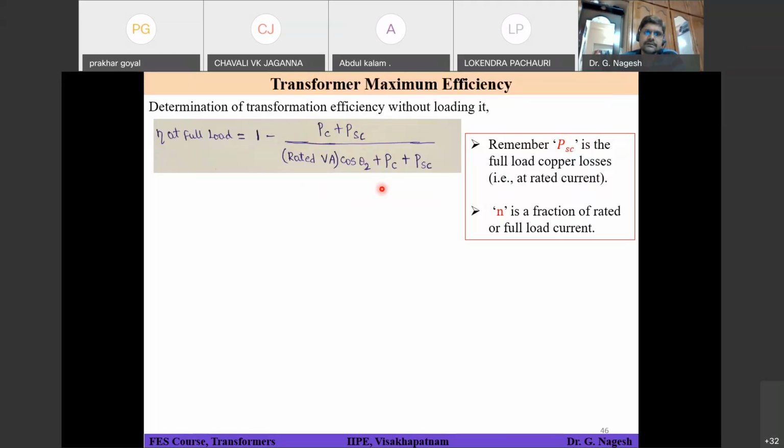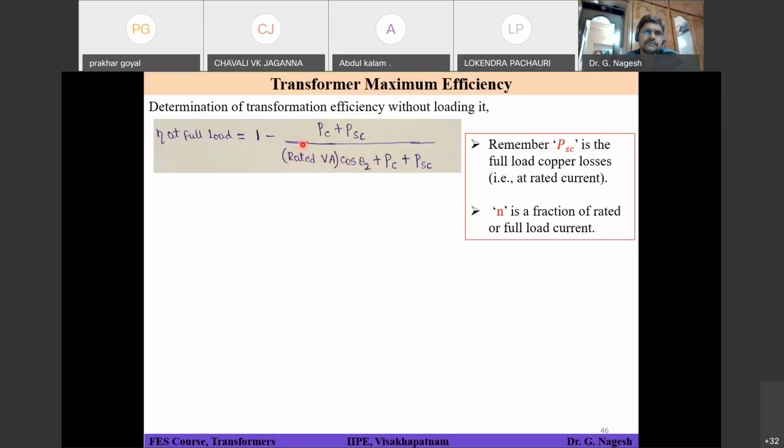Okay, what about this one? Rated VA into cos of theta 2, that we have told. This is rated output power, correct? Rated secondary voltage into rated secondary current.